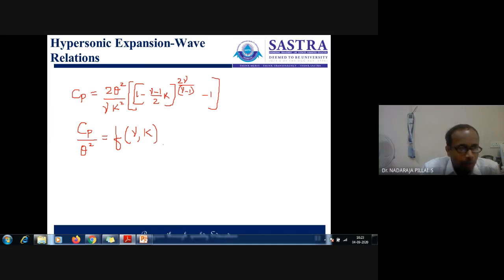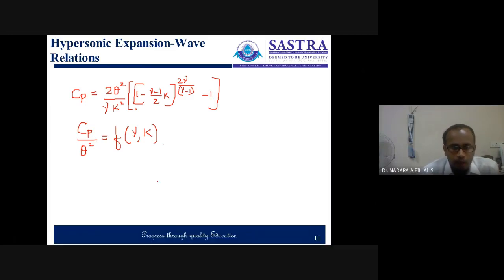So for the expansion wave also, it is almost analogous to the shock wave Cp. That is also a function of gamma and K. So here Cp by theta squared is equal to a function of gamma and K.